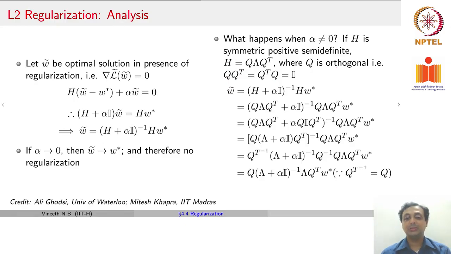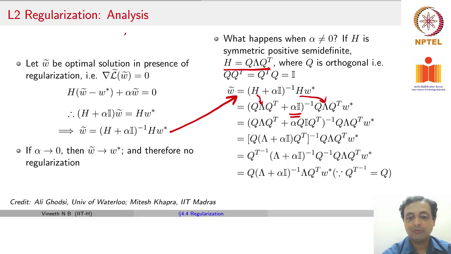So why do we do this? With this, let's try to analyze what W tilde is. W tilde from here is (H plus alpha I) whole inverse H W*. Let's replace H by Q lambda Q transpose. You'll have H replaced by Q lambda Q transpose and H replaced by Q lambda Q transpose. Now alpha I can be replaced by alpha times Q I Q transpose.